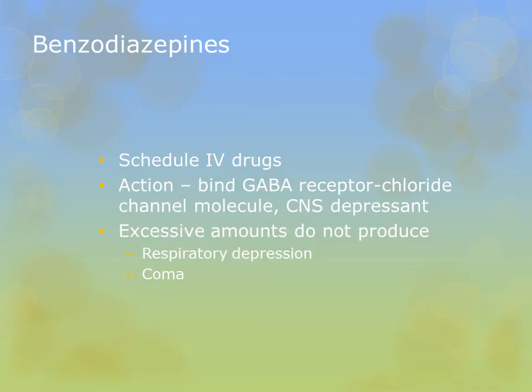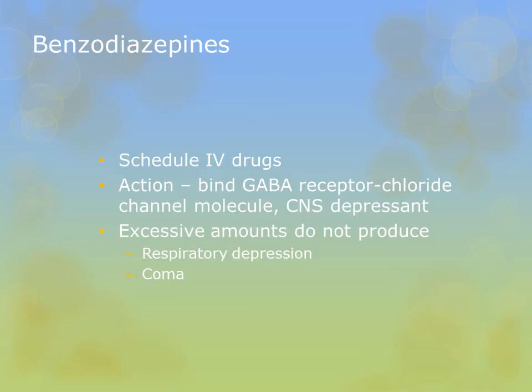Well, GABA is a naturally occurring inhibitory neurotransmitter. So what does that mean? Why do you care? Because it's an inhibitory neurotransmitter, it prevents overstimulation of the nerve cells of the central nervous system.